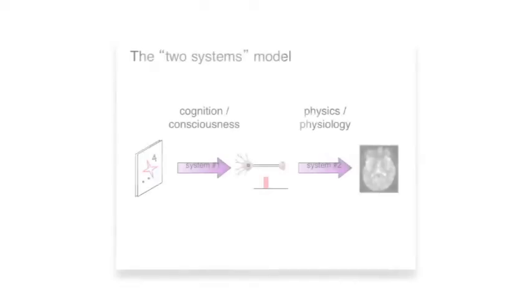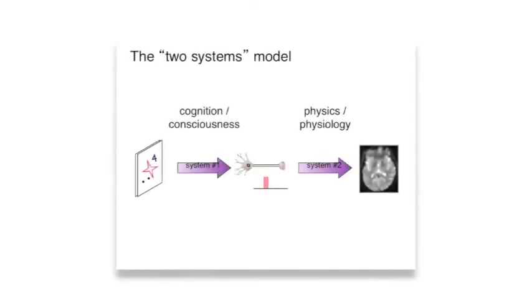So in the context of neuroscience and psychology applications of brain imaging, the system that is usually under study is the cognition consciousness system. Input are instructions and stimuli, and constructs about the emotional mental states of the subject, and the output of the system that you wish to measure is neural activity.